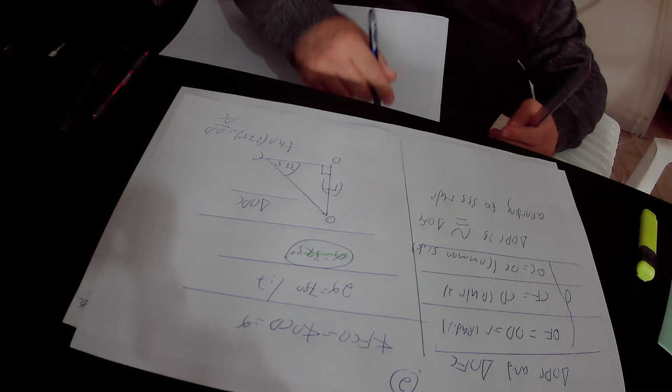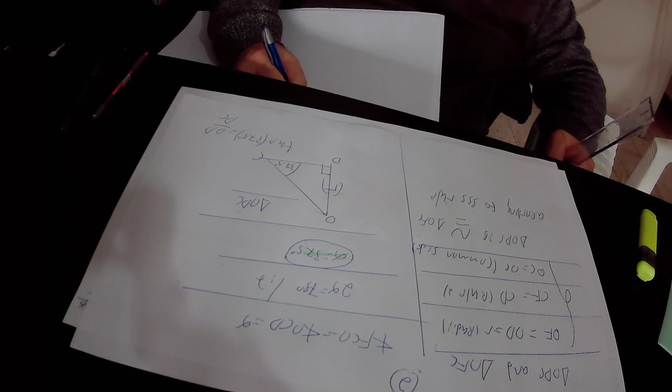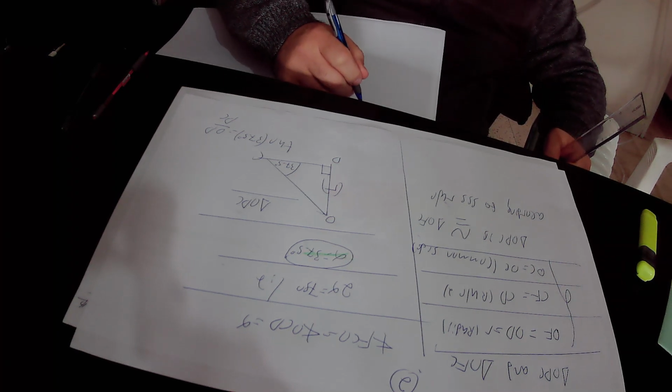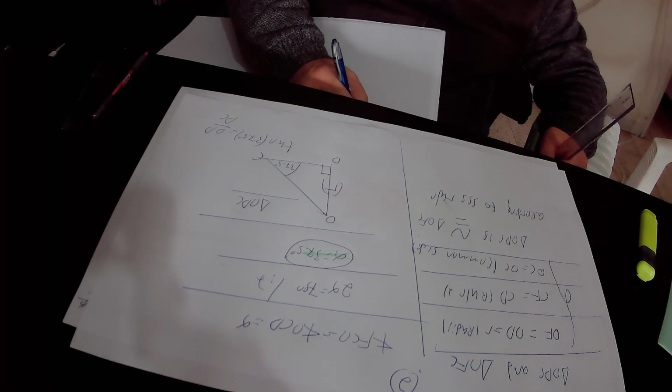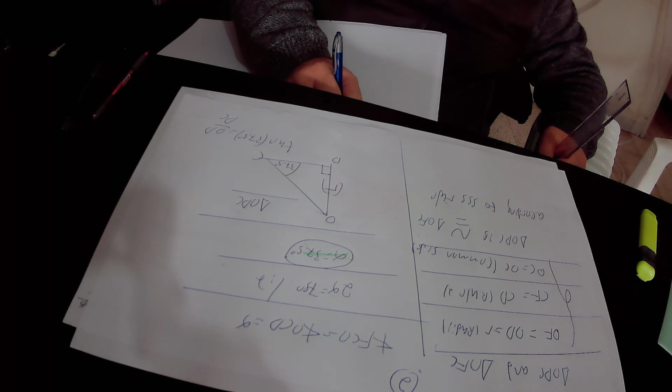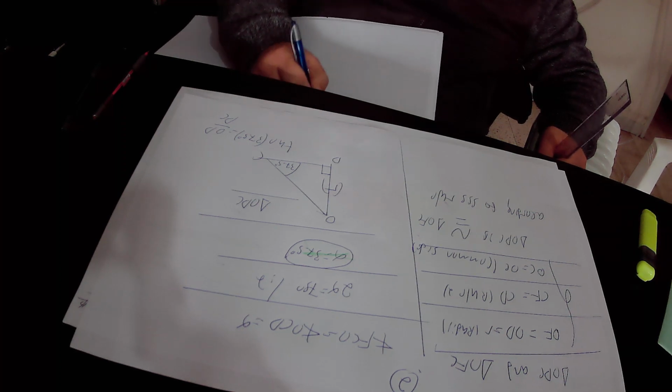So tangent 37.5 degrees equals OD, that is R, over DC.